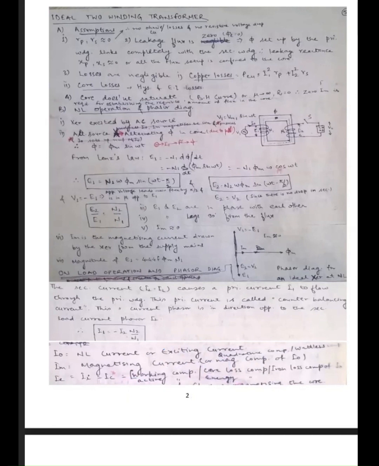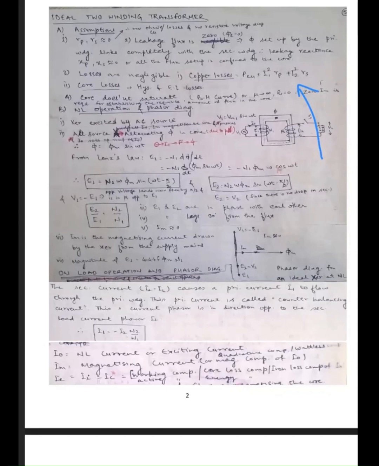If they are represented by Rp and Rs, then the total copper losses in the transformer become I1 square Rp plus I2 square Rs.